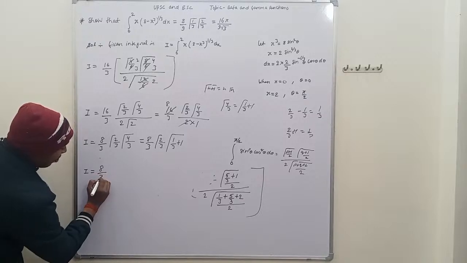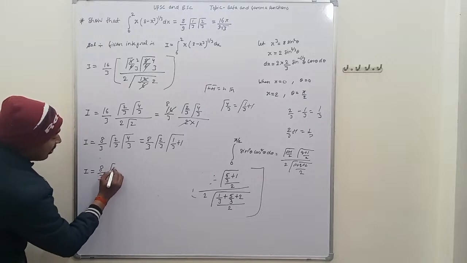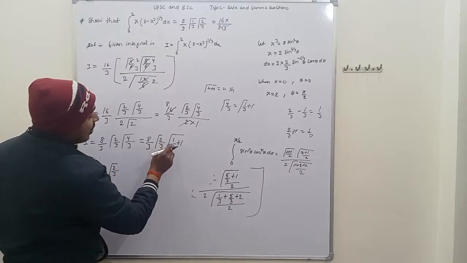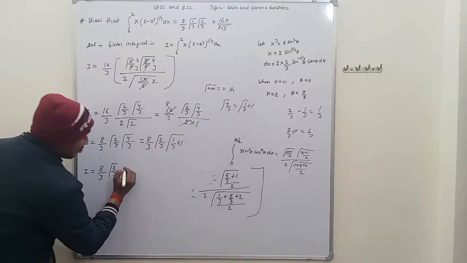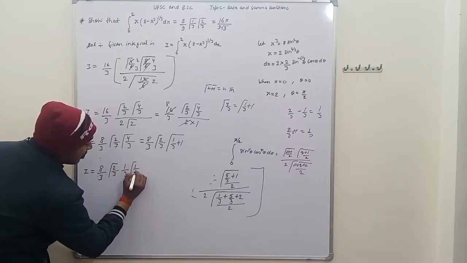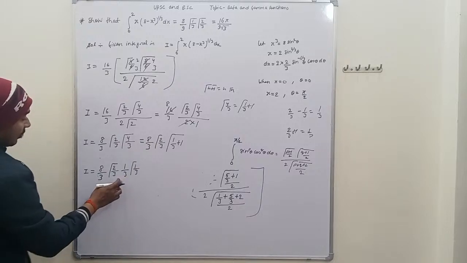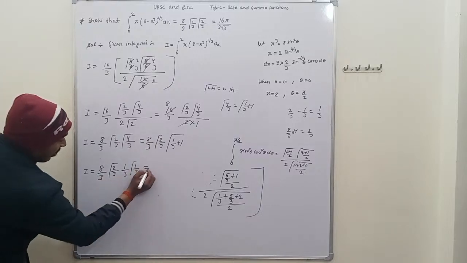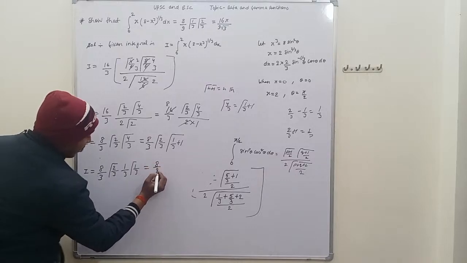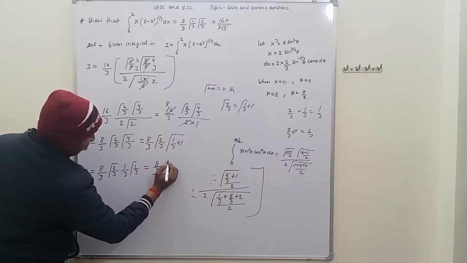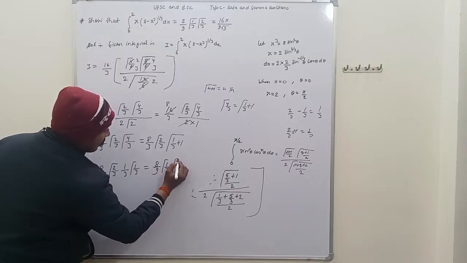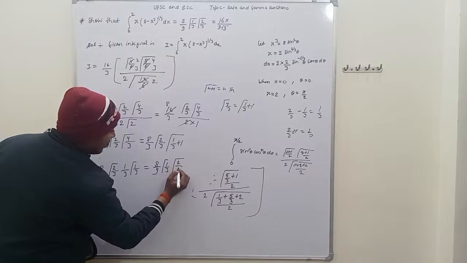8 upon 3, and this is gamma 2 by 3, and gamma n plus 1 is n gamma n, so we have to write 1 by 3 gamma 1 by 3, and from here we can also write, this is given by 1 by 3 into 8 by 3, this is 8 by 9, and this is given by gamma of 1 by 3 into gamma of 2 by 3.